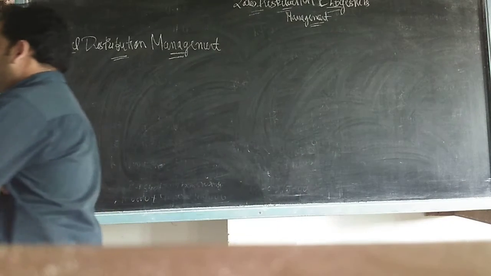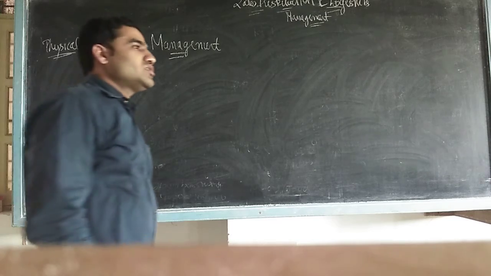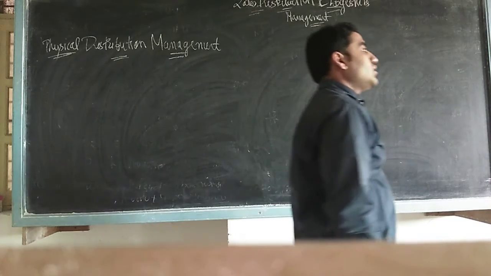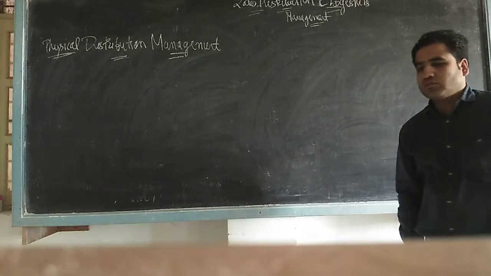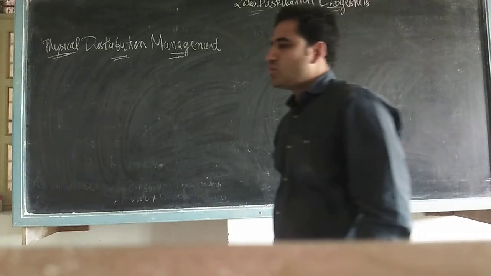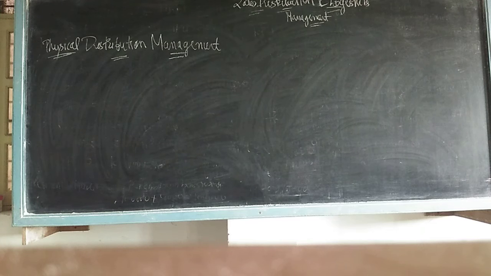Okay, and that management is known as the physical distribution management. Okay, so how the goods from the producer are supplied to the final consumer, the method used is known as the physical distribution, and that management is known as the physical distribution management.